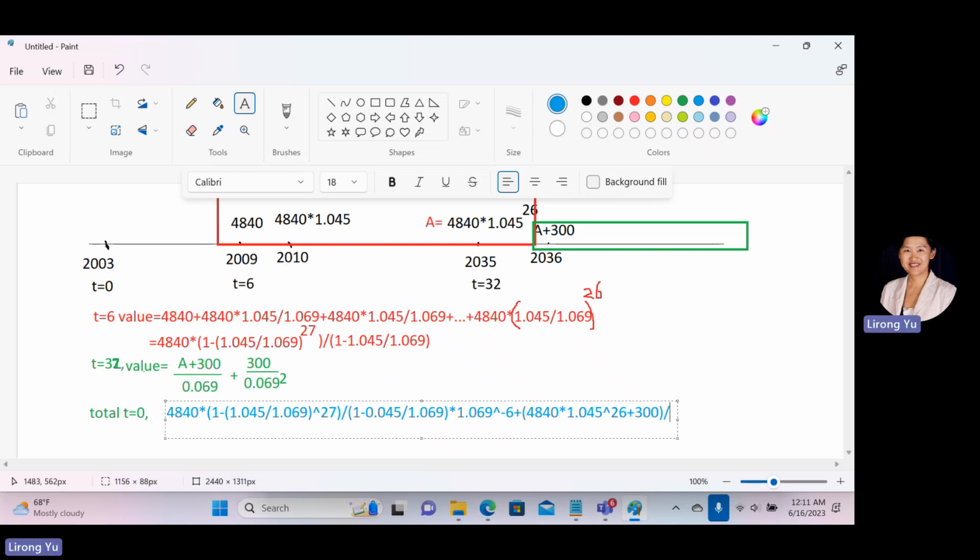This is over 0.069, plus 300 over 0.069 to the power of 2, discounted for 1.069 to the power of 32. Negative 32 discount factor.